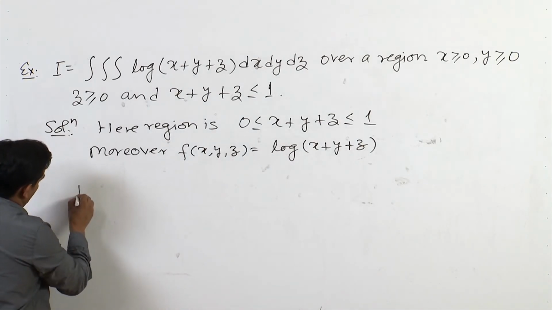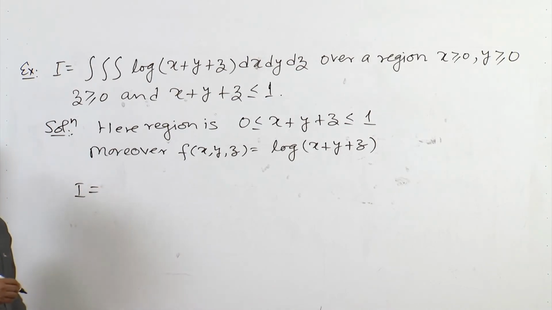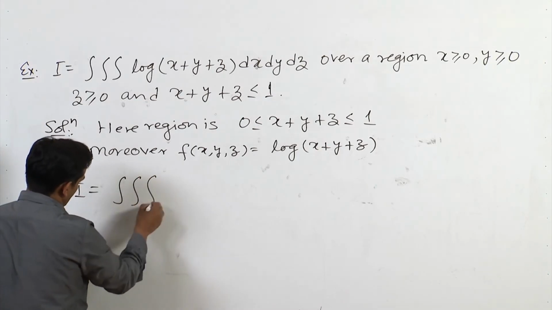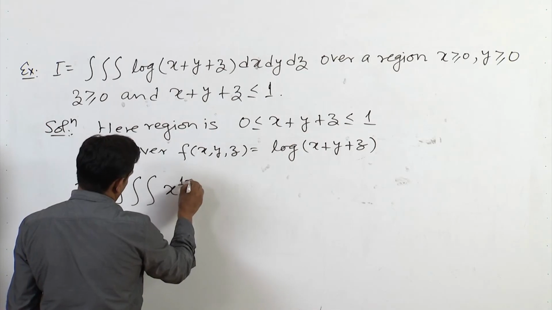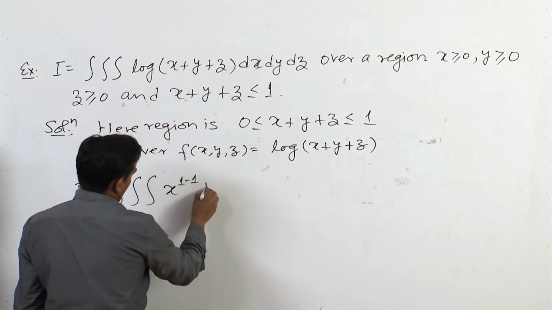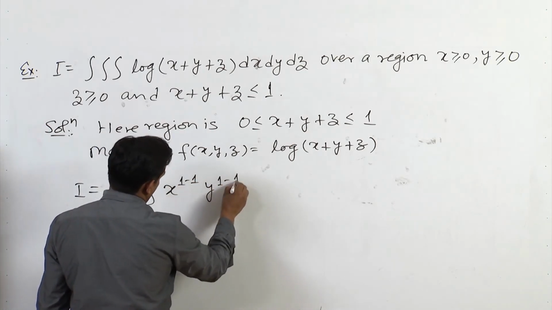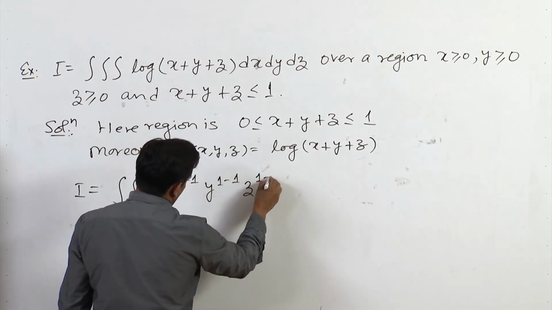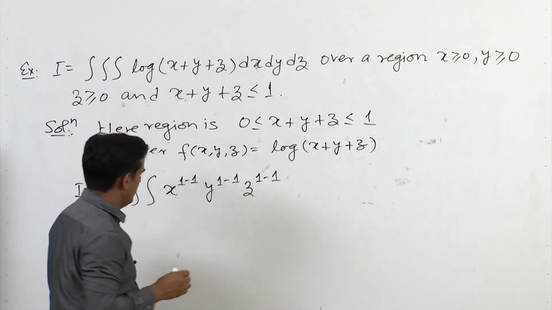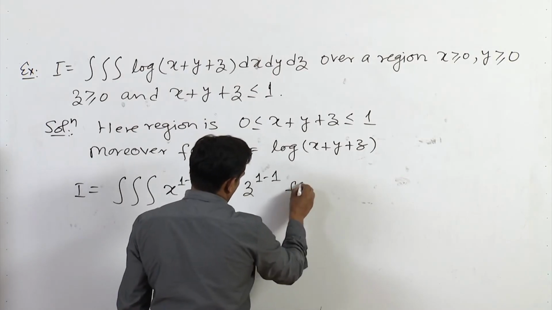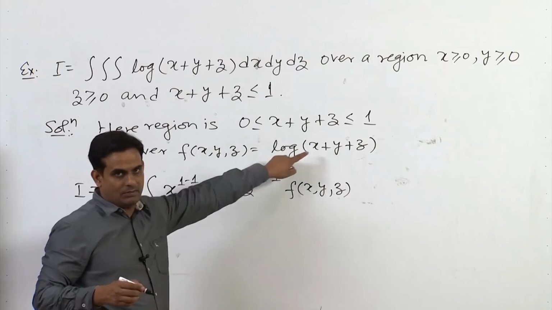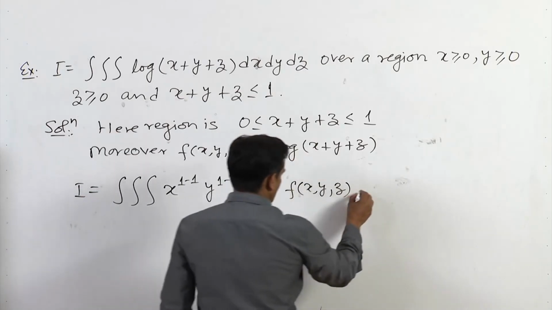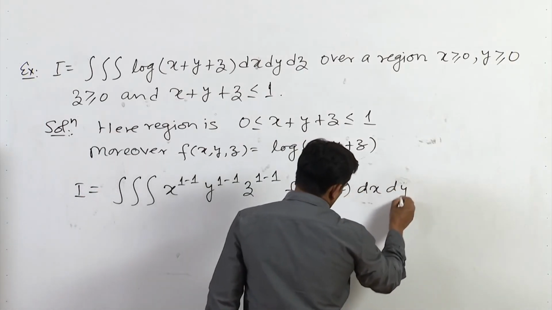So, now by the value extension of the Dirichlet integral, I can write this triple integral as x raised to power 1 minus 1, y raised to power 1 minus 1, z raised to power 1 minus 1, f of x plus y plus z, where f is given by this one, dx dy dz.